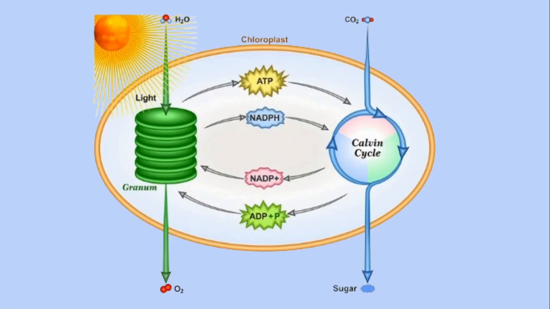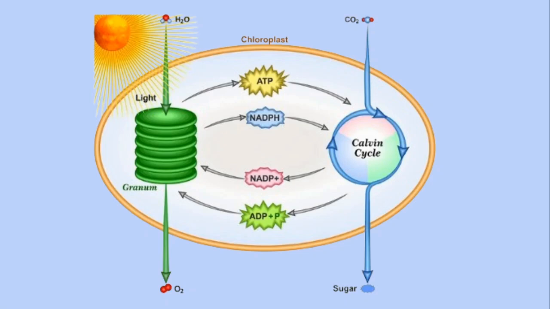And the released hydrogen ion is combined with carbon dioxide to form glucose. This process is repeated six times to get a single glucose molecule. Then the glucose is converted into starch, which is a polymer. Okay, this is the whole light and dark reaction as an overview.